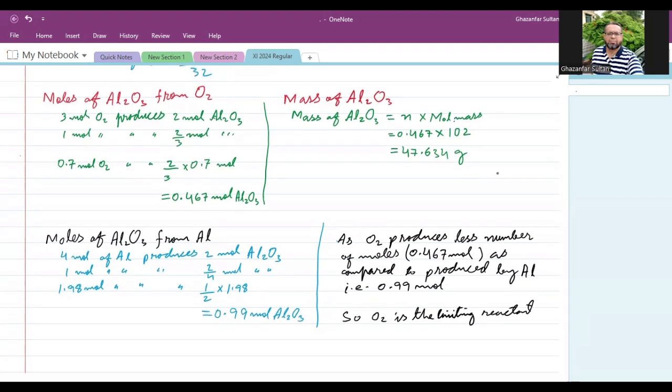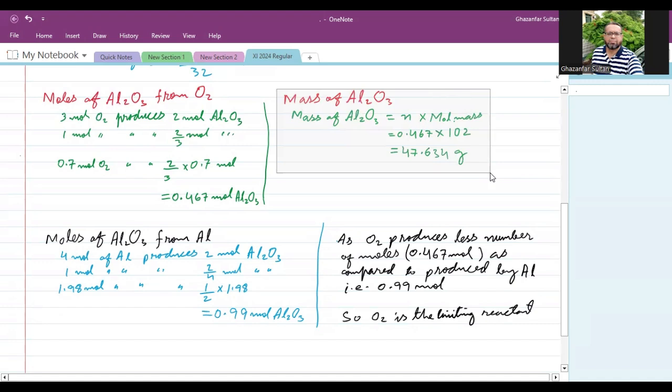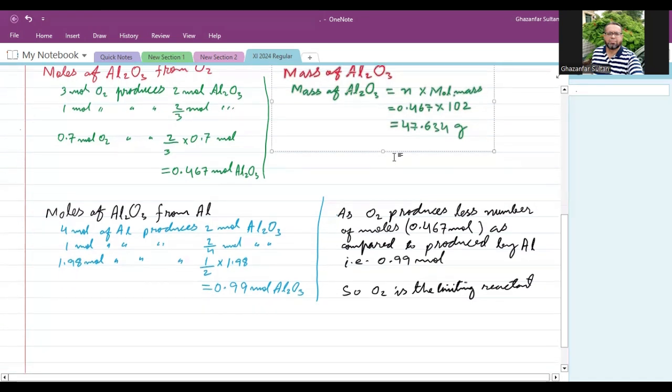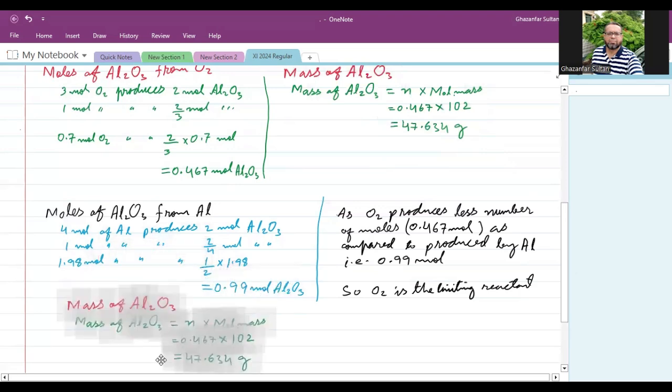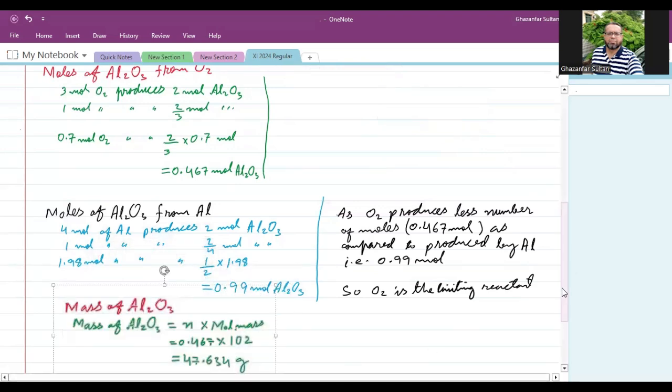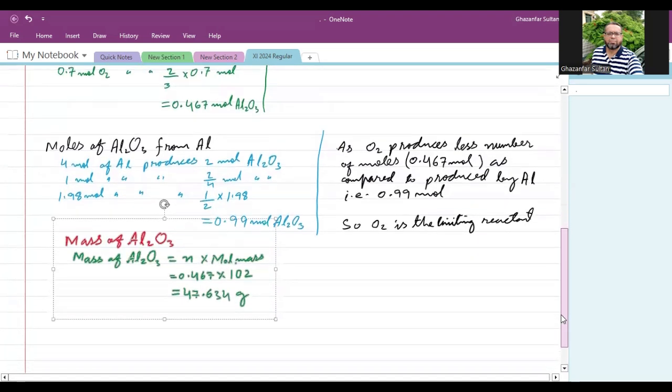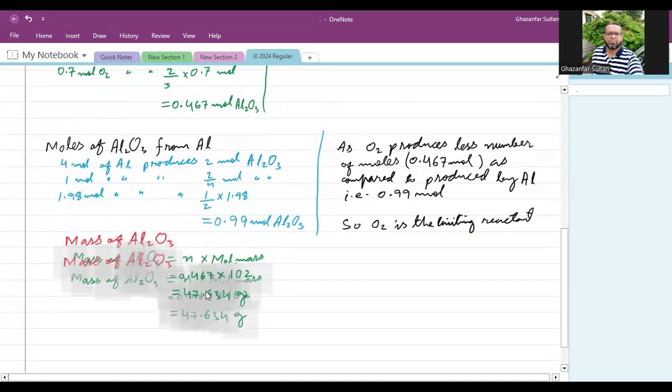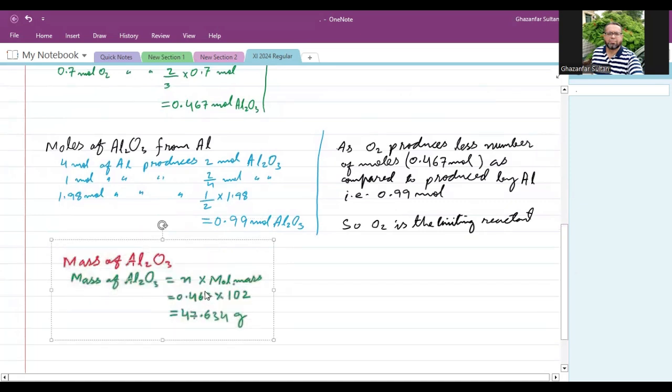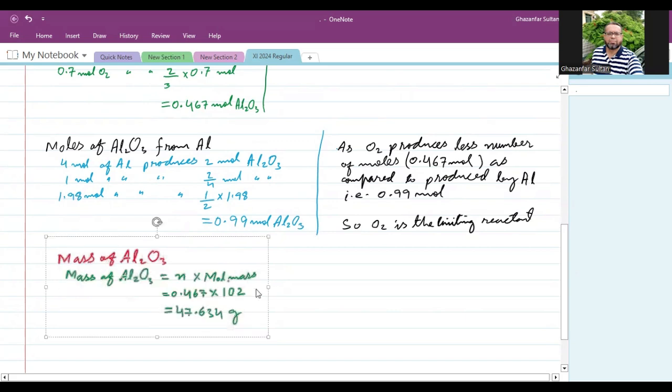So we should put this amount, and you can see I have not calculated the mass here because it is very clear from the number of moles. So we should do this calculation afterward. So the mass of aluminum oxide will be calculated from oxygen.